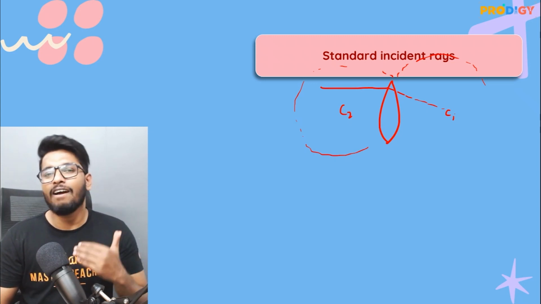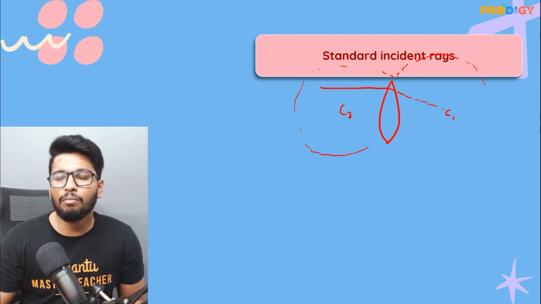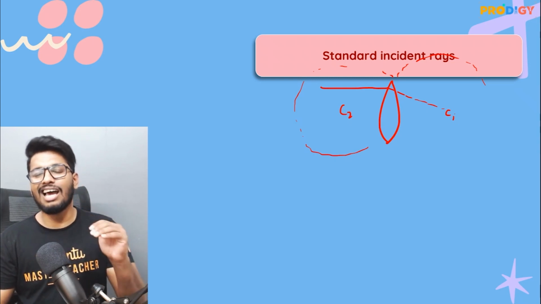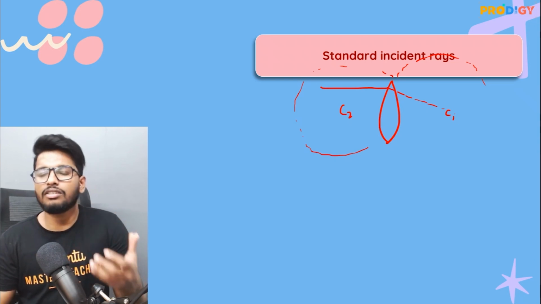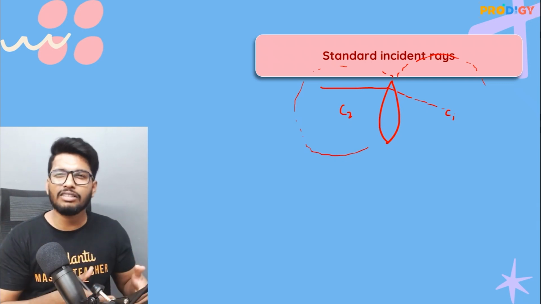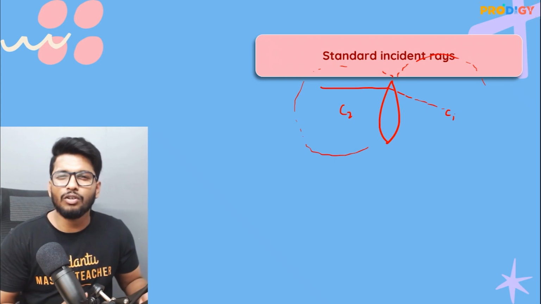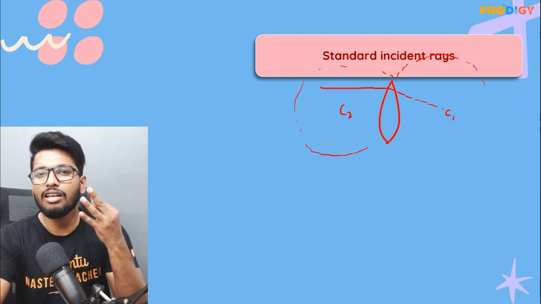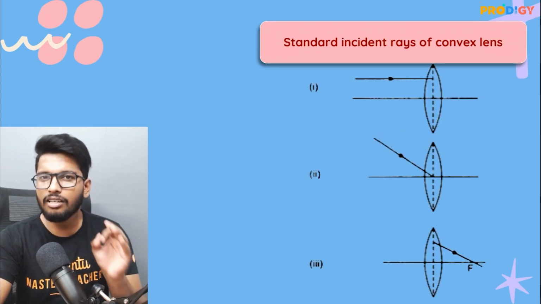But when you talk about making your life a little easier, we have something called standard incident rays. Now, what is a standard incident ray? Rather than doing all this work of finding the angle of incidence, angle of refraction, finding the normal and all that, what they did was take three standard incident rays.